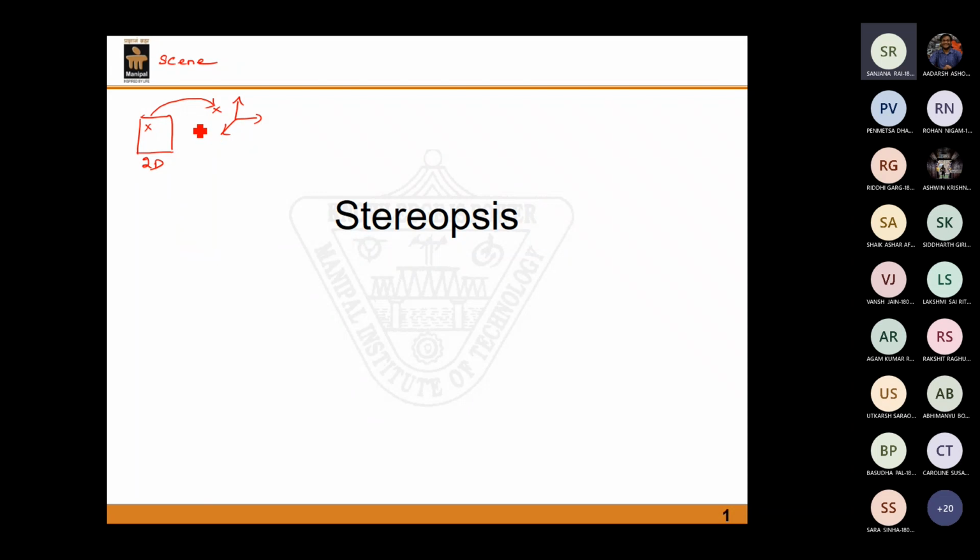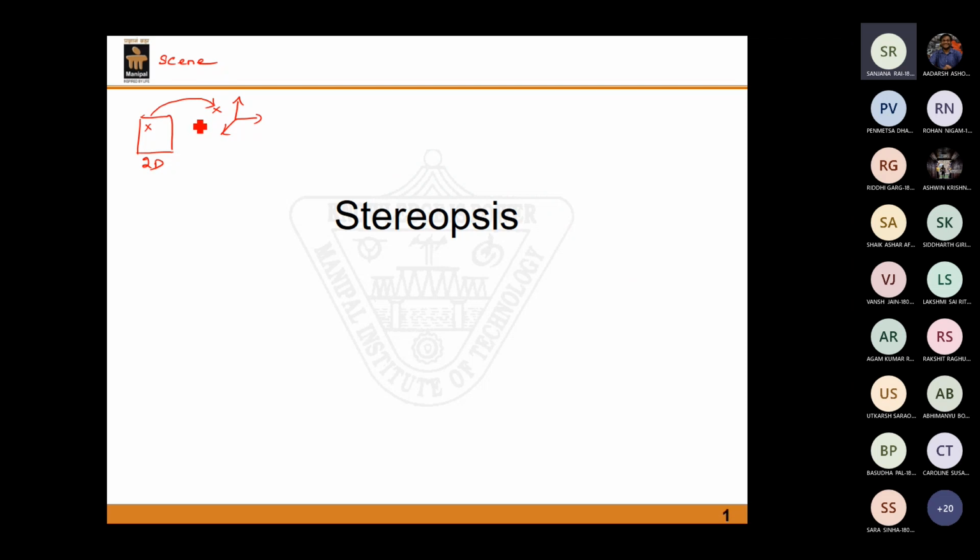If you remember, in one of the earlier classes we had already seen the different 2D coordinates, the 3D coordinates, the world coordinates, the camera system, the retina system, etc. And we had seen how we can do the conversions from one coordinate system to the other.